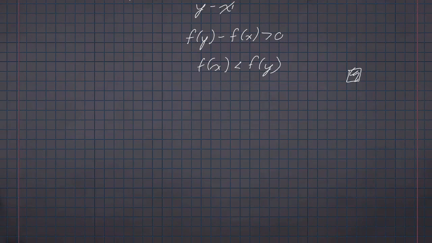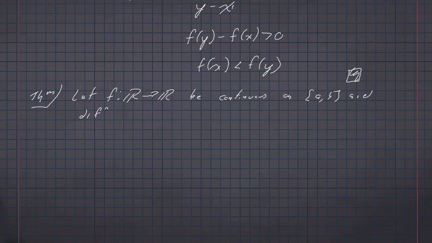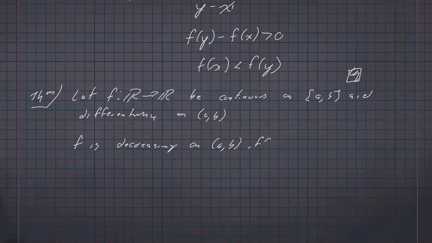We won't write it out, but we could say that f is decreasing on AB if and only if f prime of c is less than 0 for every c in AB, and the proof looks almost identical to the one we just went through. So I'm not going to do it again.